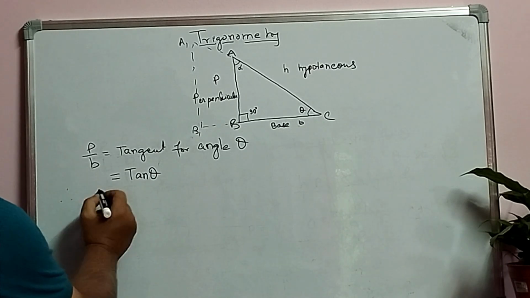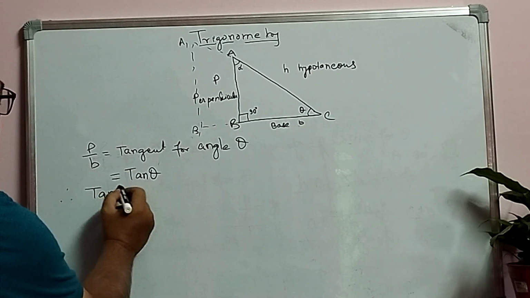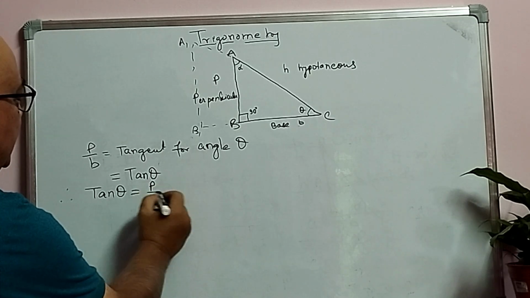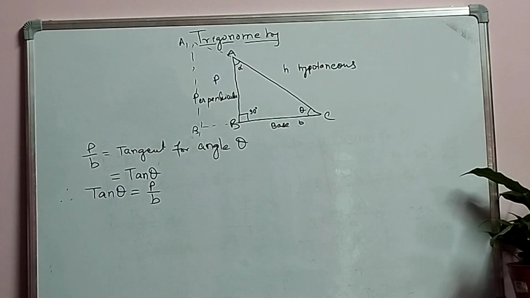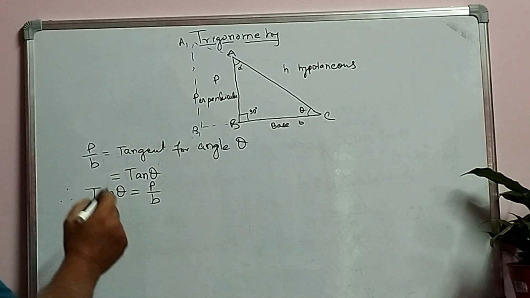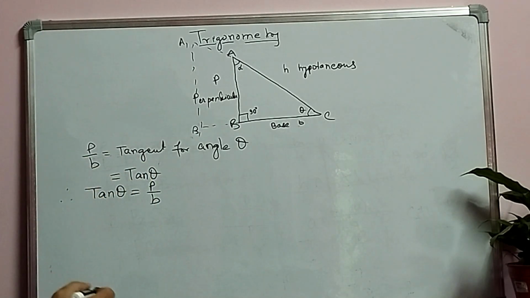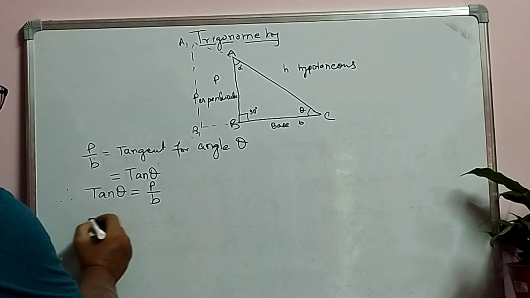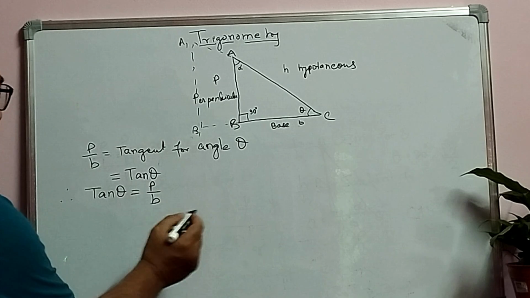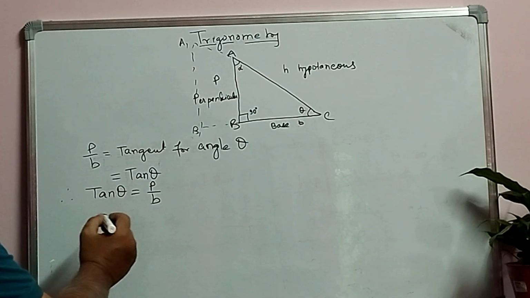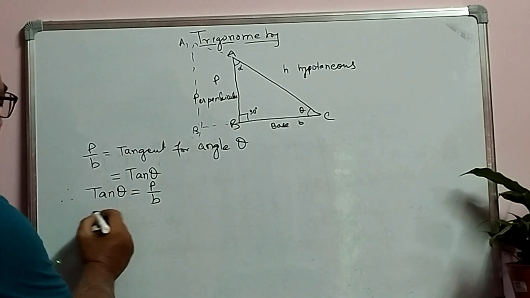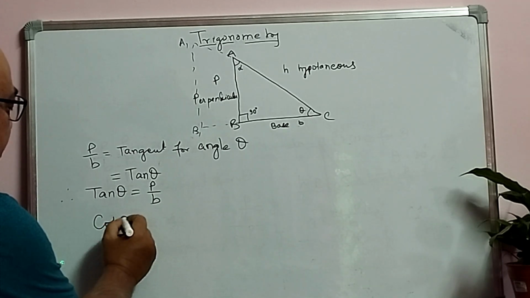So, tan theta is written as P by B, or tan theta is the ratio of P to B of a right angle triangle. Here, theta is the angle of reference, P is perpendicular, and B is base. So, we go on writing what we previously mentioned, the ratios and their names, now shortened.